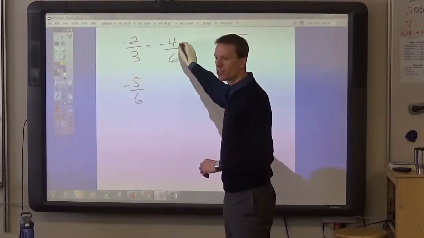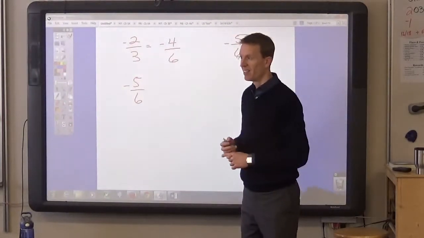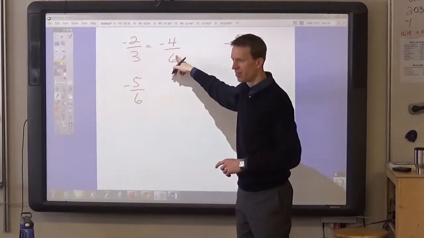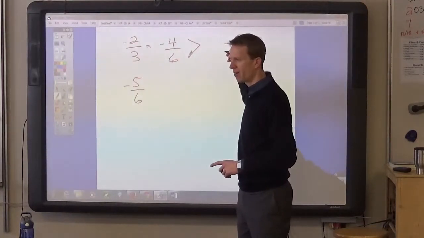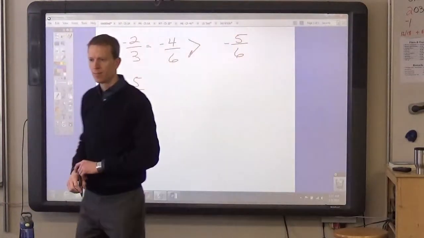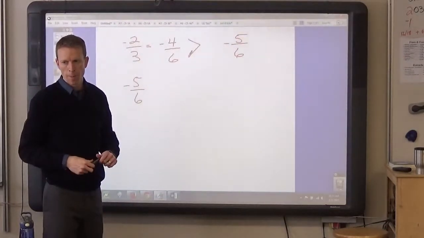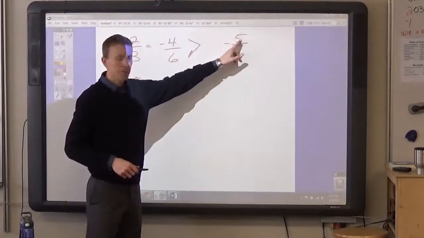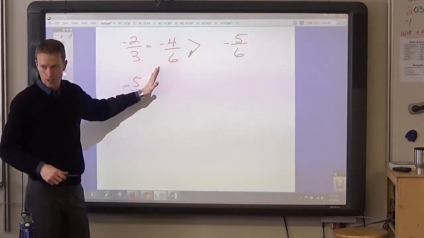So which symbol would we put in then? Say it again, Keyshawn. It's a greater than. -4/6 is greater than -5/6. Why? Because it's farther away from 0. Yeah, because -5/6 is farther away from 0, and it's on the left side of 0 on a number line.